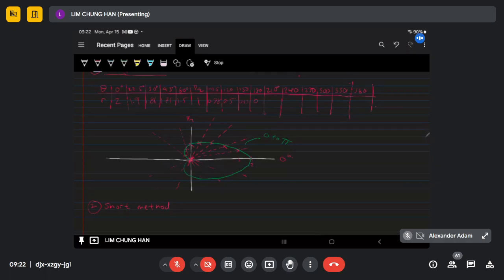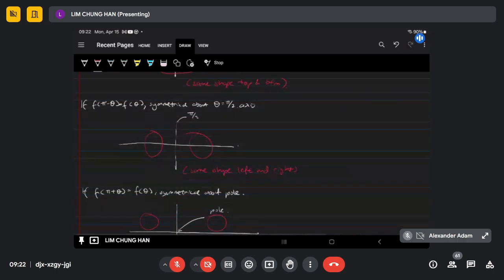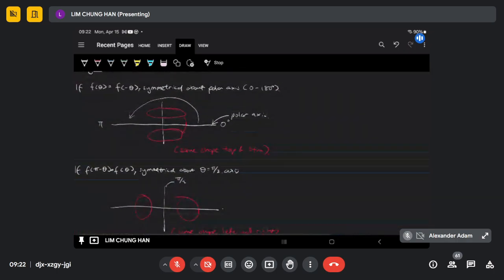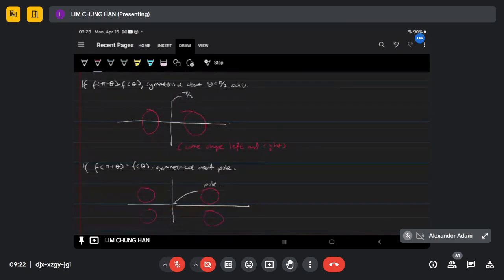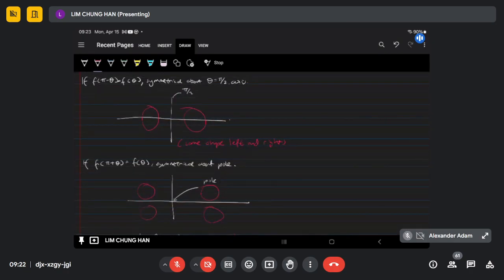So how do you try the short method? Basically you need to look into these 3 rules that I talked about earlier, the symmetry rules, which will hopefully help you save a bit of time. So I will teach you how to do that.